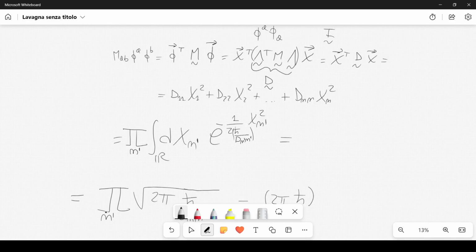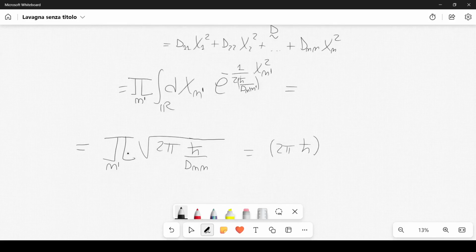Just let me call it n prime, and we have to take the products from 1 to lowercase n. This is n prime, n prime. Therefore, here we will have 2πħ to the power n over 2, and we divide by, now we have d11 times d22 dot dot dot dnn to the power 1/2 here.